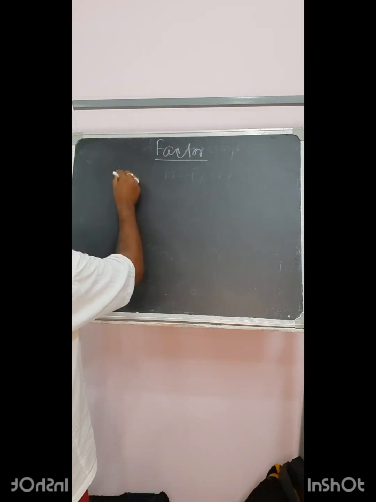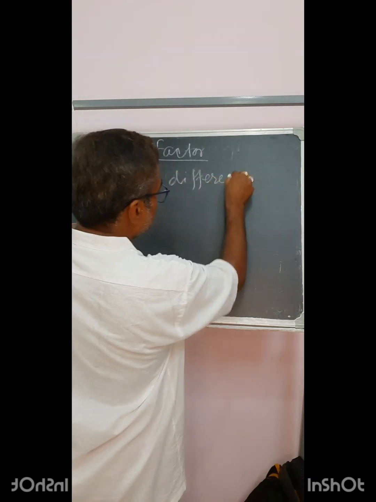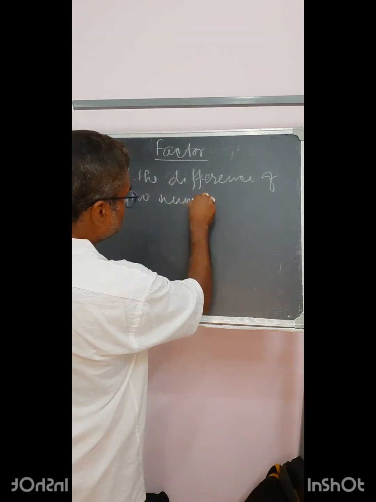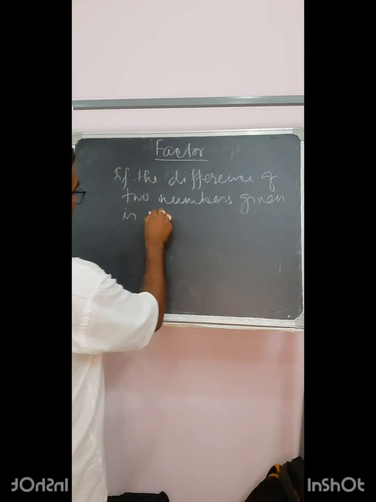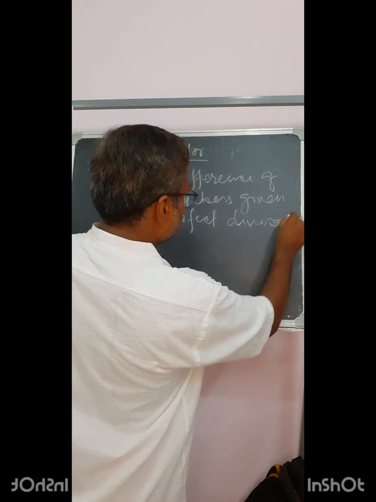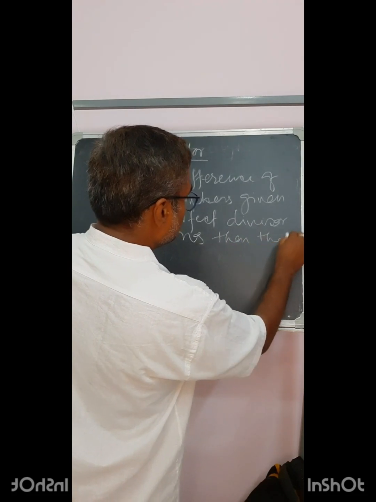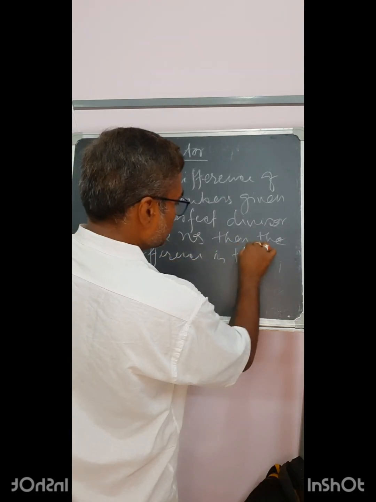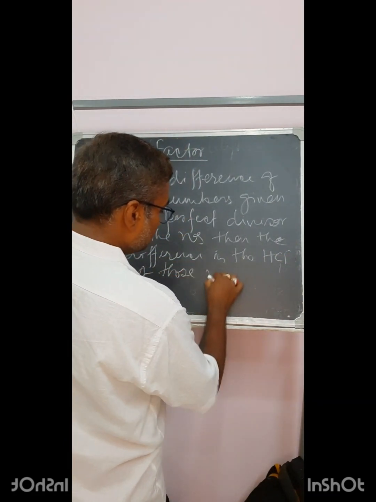This says if the difference of two numbers given is a perfect divisor of the numbers, then the difference is the HCF of those numbers.